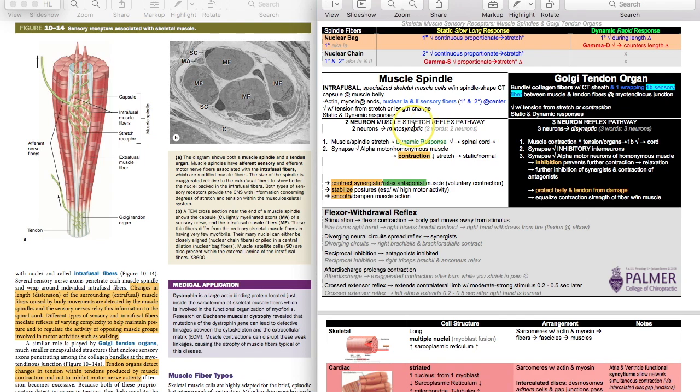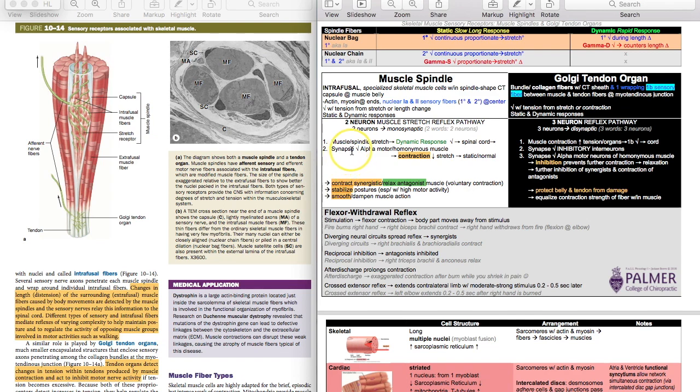So going back to the muscle spindle, it's a 2-neuron muscle stretch pathway, or monosynaptic pathway. The muscle, and therefore the spindle, will stretch. That'll create a dynamic response in the bag. Okay, that'll go to the spinal cord.